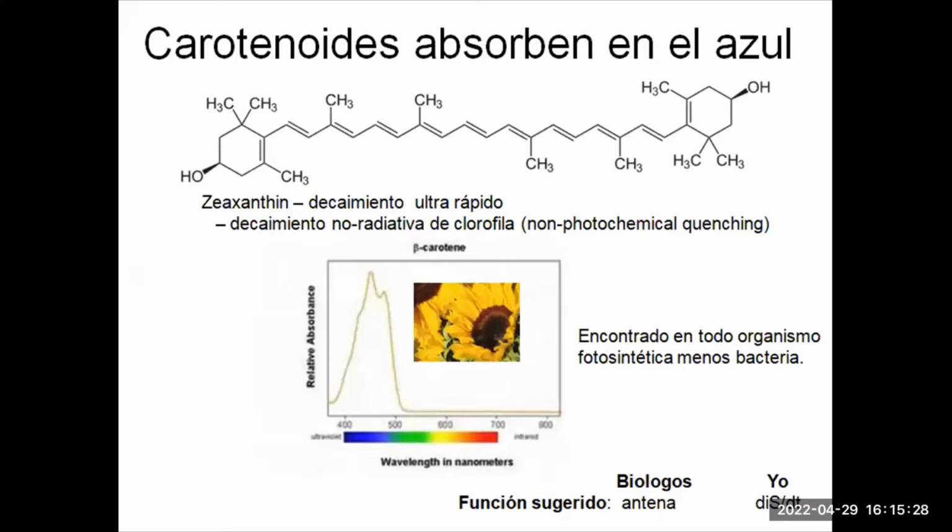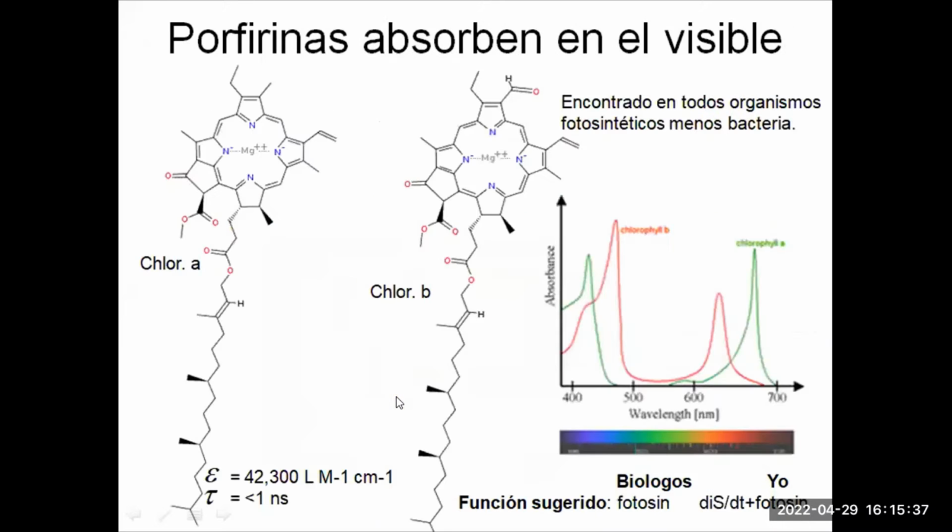And we also have carotenoids, which absorb in the blue, and now in the visible. And of course, we have the porphyrins, which are the chlorophyll molecules, which are absorbing in the blue and also in the red.